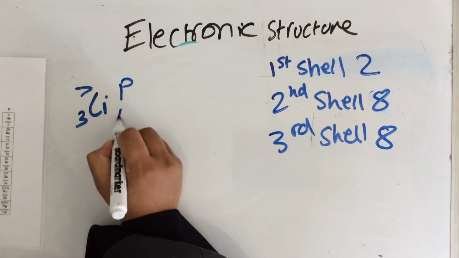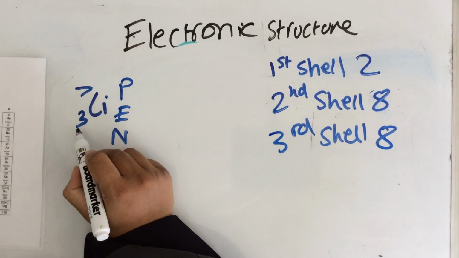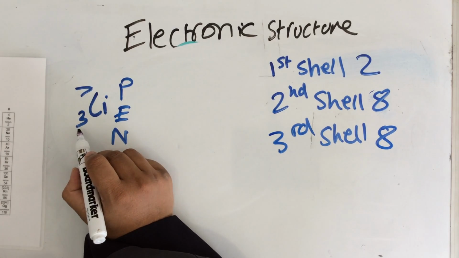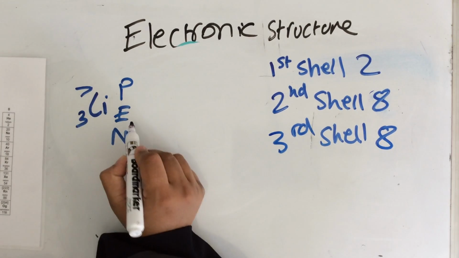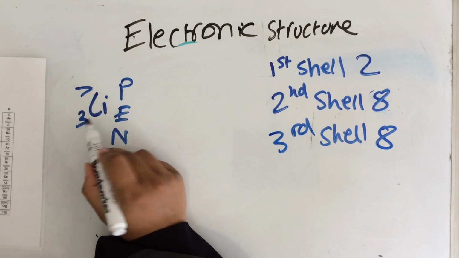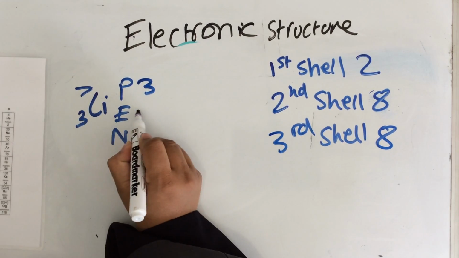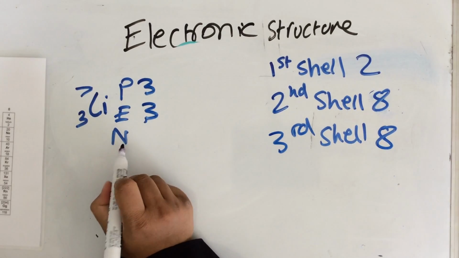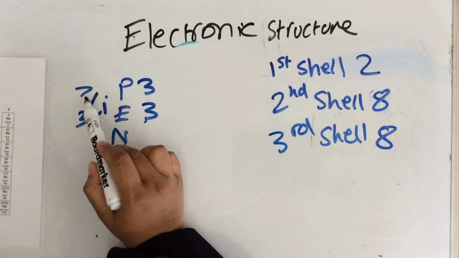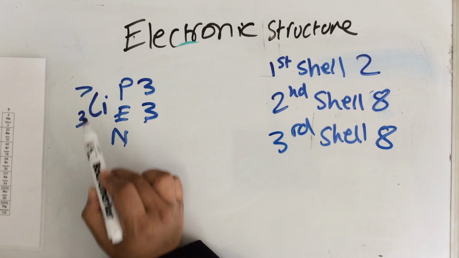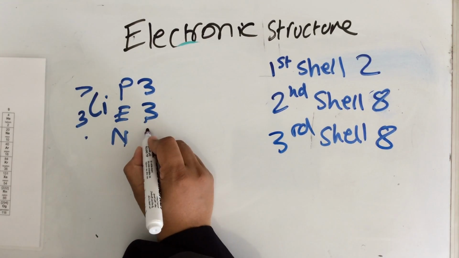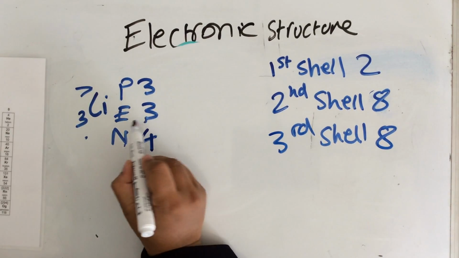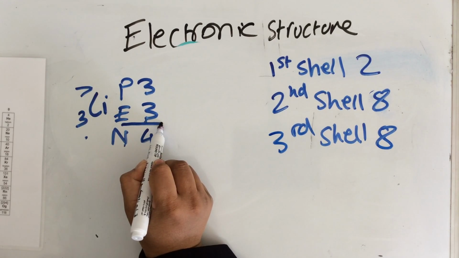To work out the PEN for this, we know the atomic number is equal to the proton number, which is also equal to the electron number. So if you have 3 protons, you have 3 electrons. Then to work out the neutron number, it's the atomic mass minus the atomic number, 7 minus 3, which will give you 4. Now in this session we're only focusing on the electrons.